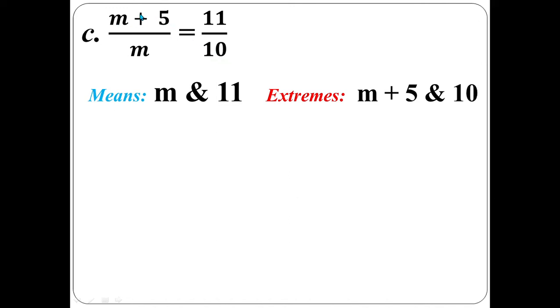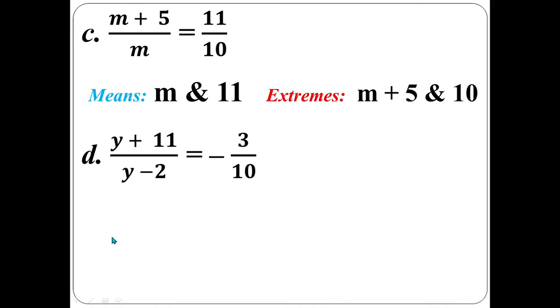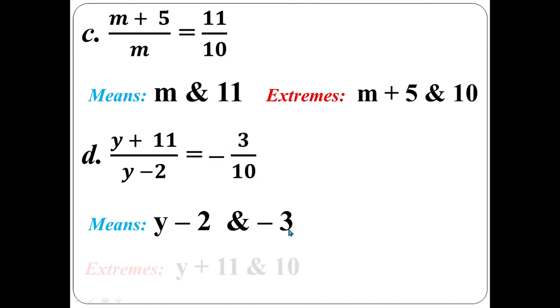Hindi pwedeng m lang yung kukunin. Kung ano yung nandiyan, lahat ikakopy, m plus 5. Next, means y minus 2 and negative 3. Ayan. Extremes, y plus 11 and 10.